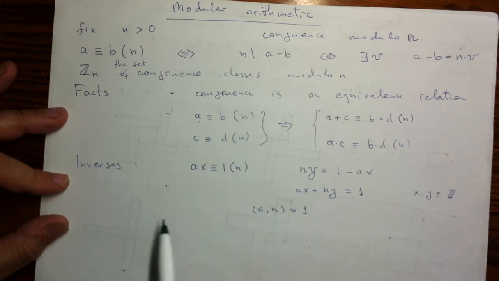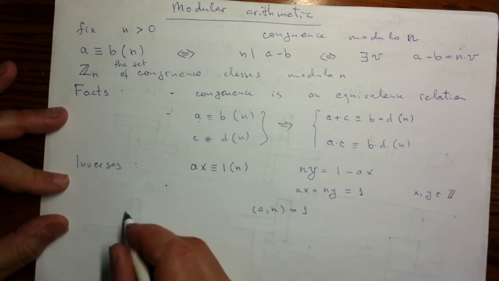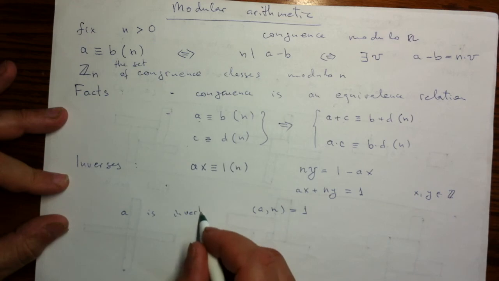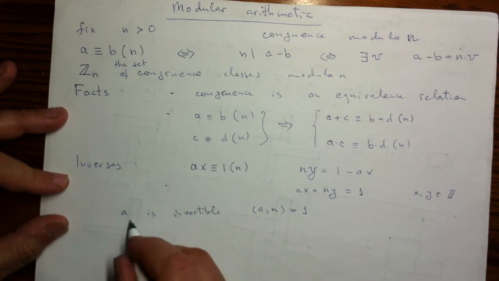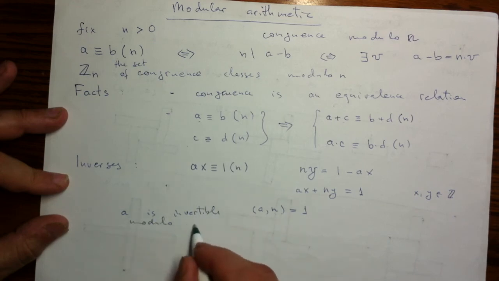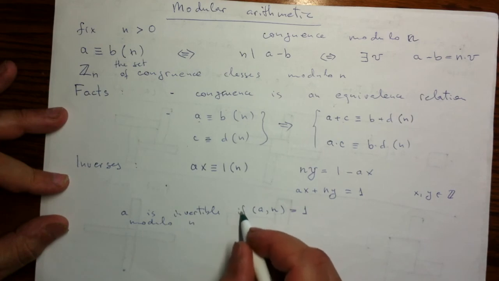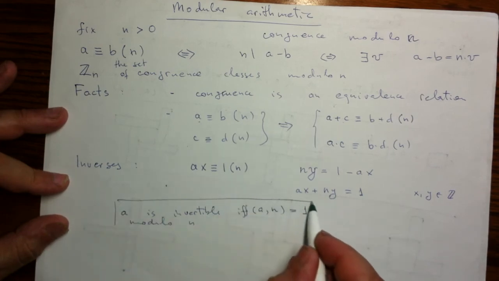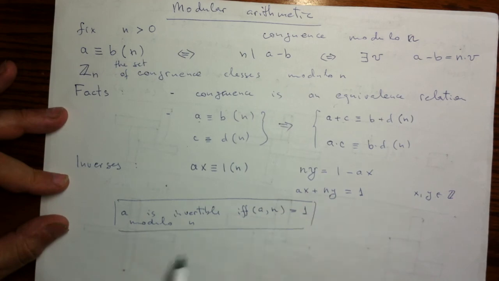So this is the condition for a to be invertible mod n. a is invertible modulo n if and only if the greatest common divisor is equal to 1.